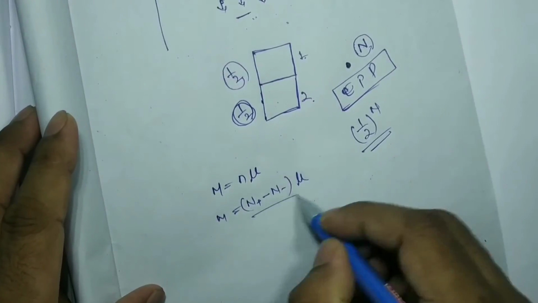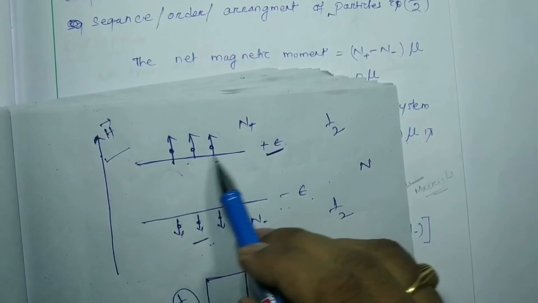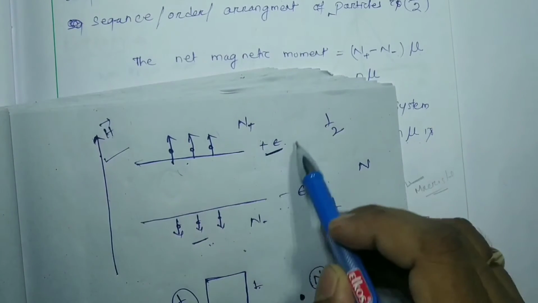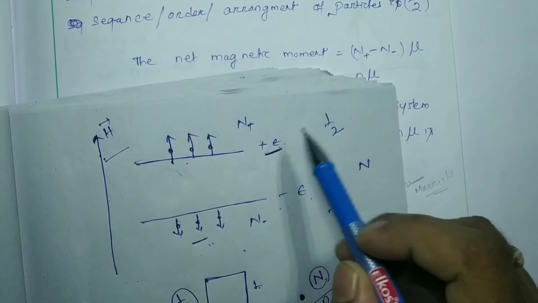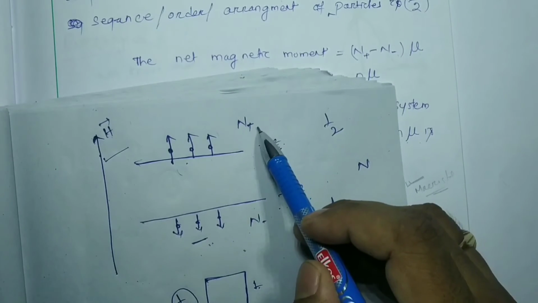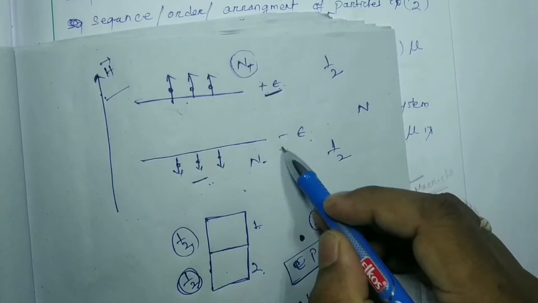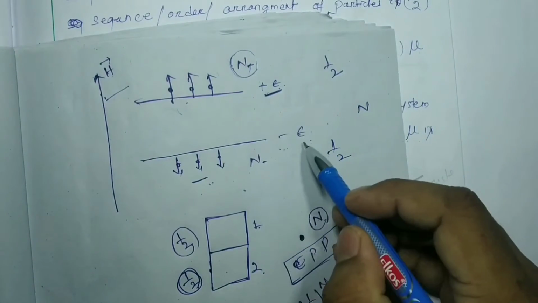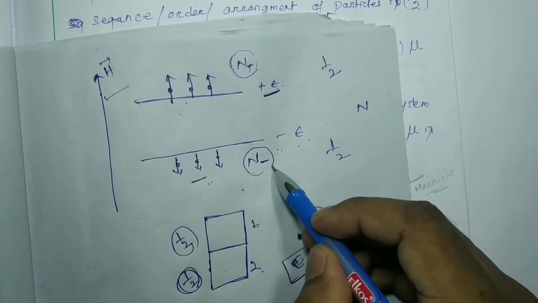What is the meaning of this? That means the upper energy state, which belongs to plus epsilon, has n plus number of particles. The energy state having energy minus epsilon contains n minus number of particles.